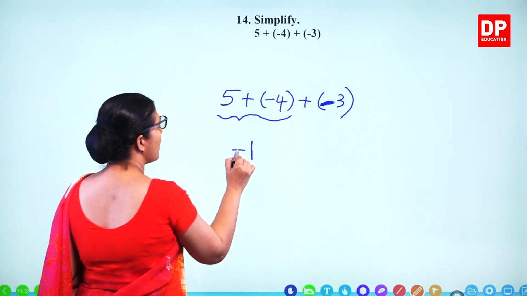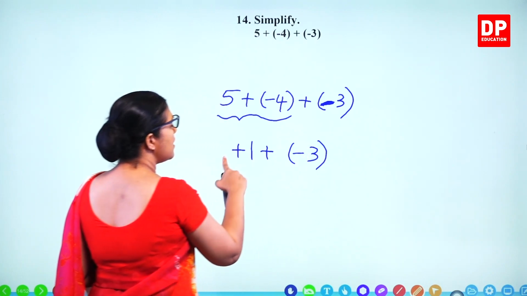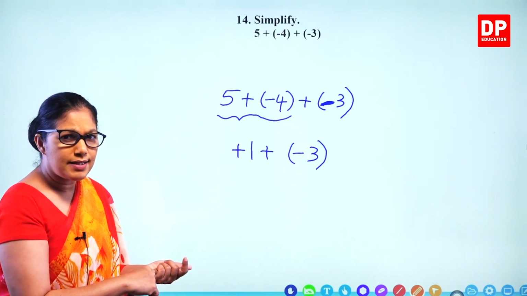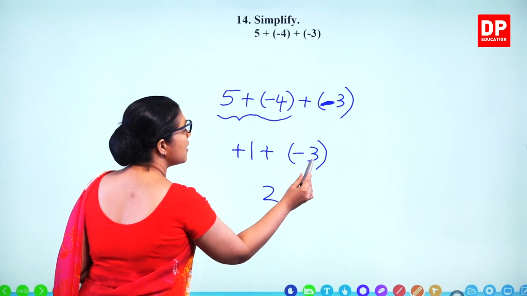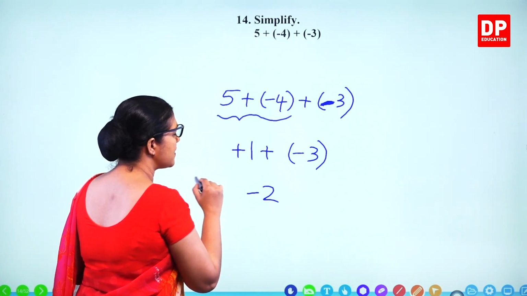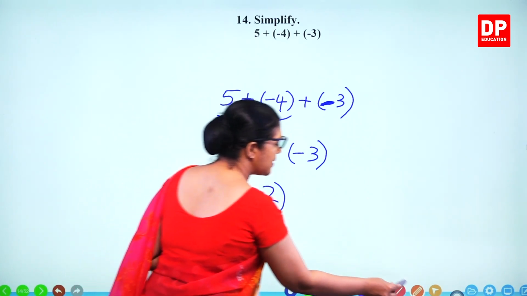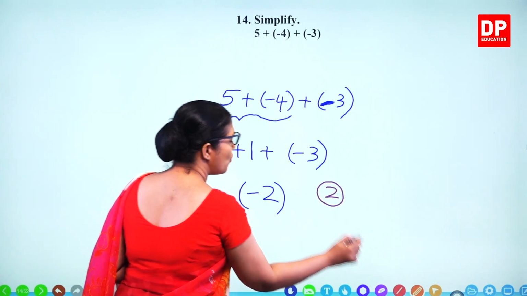So that's plus 1. Now take minus 3. Again, different signs, you take the difference. 3 and 1, the difference is 2. But the bigger number is now minus. So you put a minus there. So minus 2 is the answer. You get 2 marks.